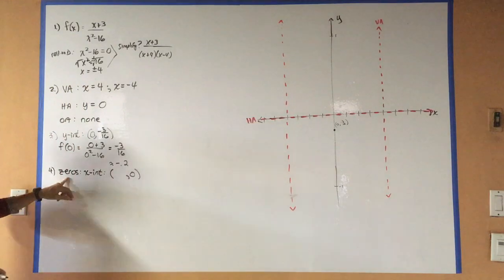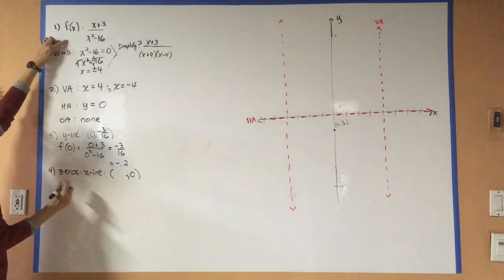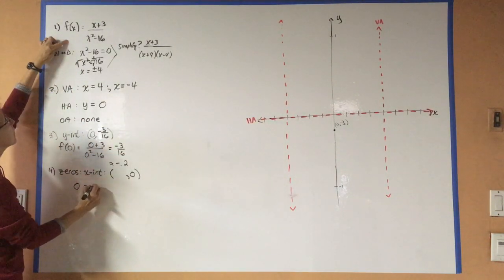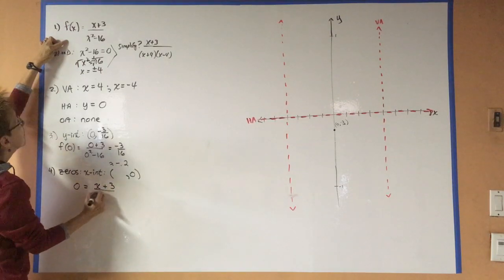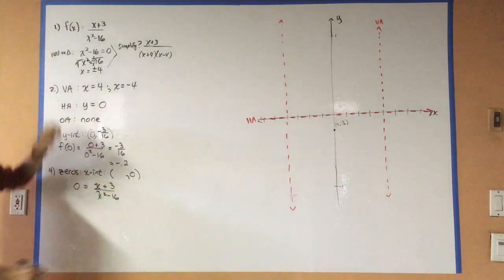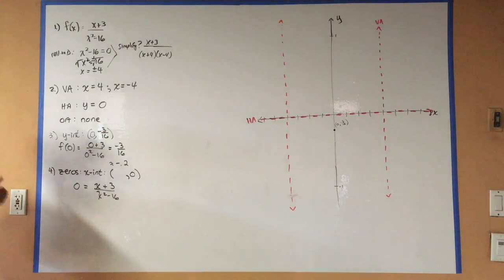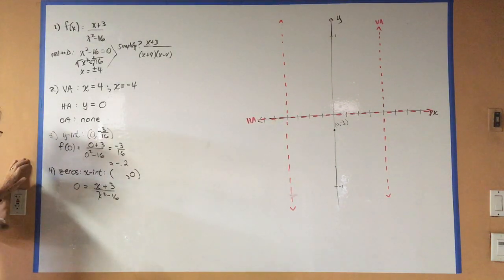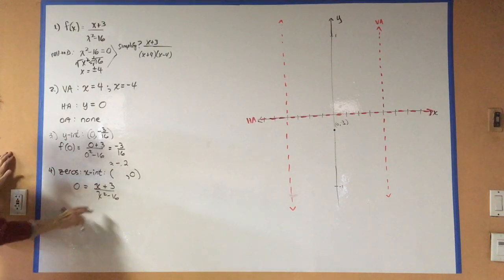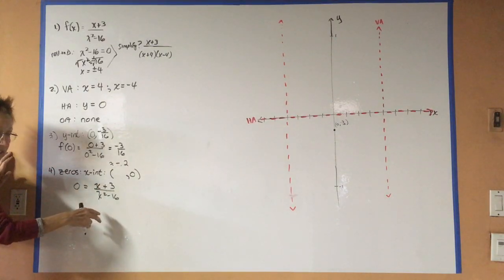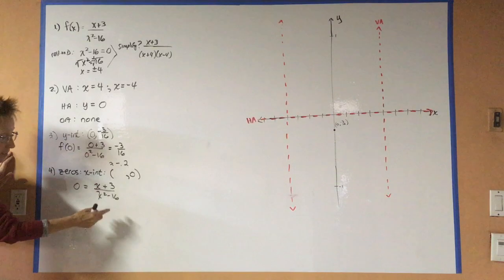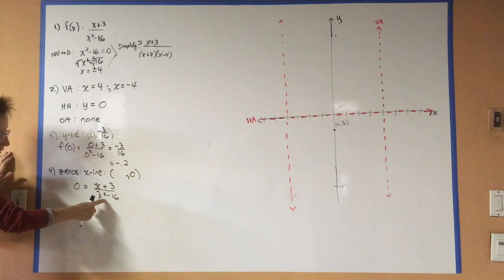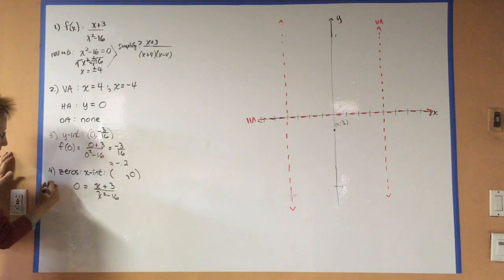So finding the zeros means let y be 0. So I'm trying to solve 0 equals x plus 3 over x squared minus 16. There is a little hint on this, but let's formally solve this and then you'll see why I wrote down the hint. For this to equal 0, it's a fraction, and I want to clear the fraction, so I'll multiply both sides by the LCD, which is just x squared minus 16.